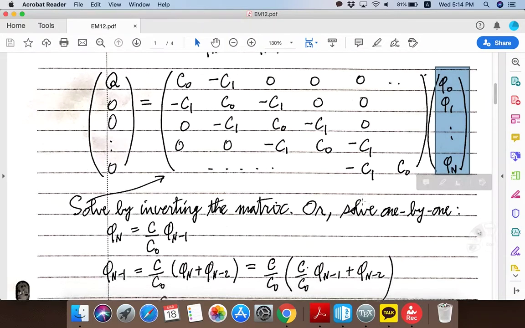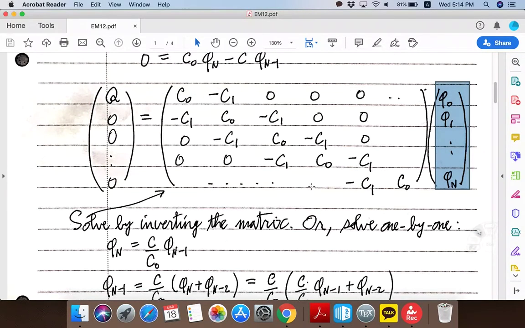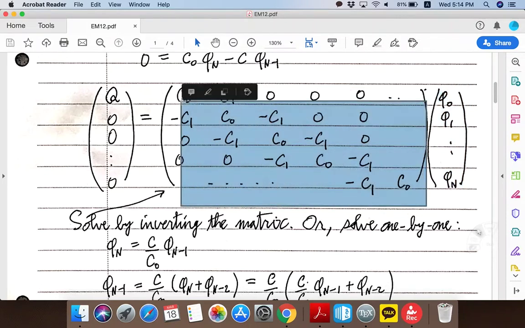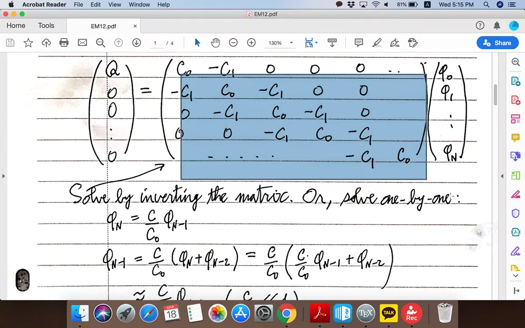Now, the only problem with that approach is that usually finding the inverse of a matrix is not very easy, and this is some kind of n plus one dimensional matrix, which is presumably not very easy to invert. And it would be nice to have some approximate way to solve this problem without having to invert this matrix exactly.